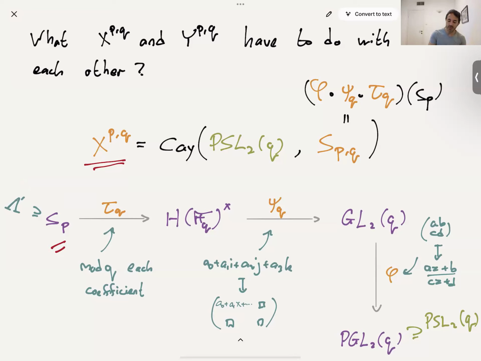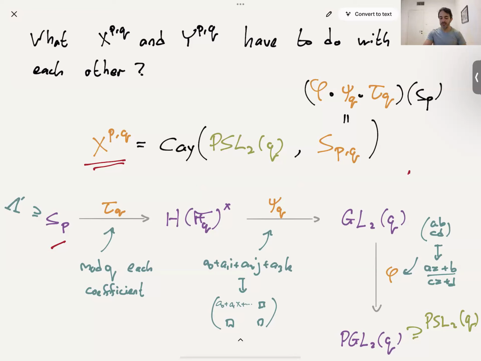And then the second step was moving from this invertible FQ quaternion to an invertible 2x2 matrix. This is the GL2Q. This is the isomorphism I was talking about. So you take this quaternion, you move to a matrix that looks something like that, using those X and Ys. And finally, so there were three reductions.